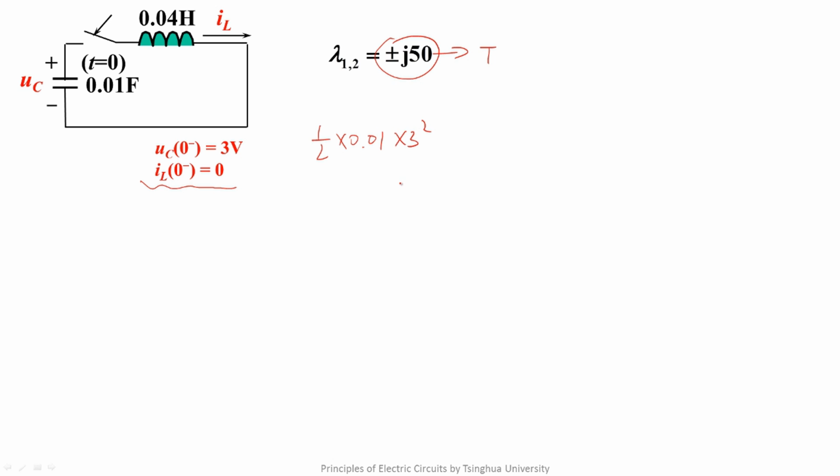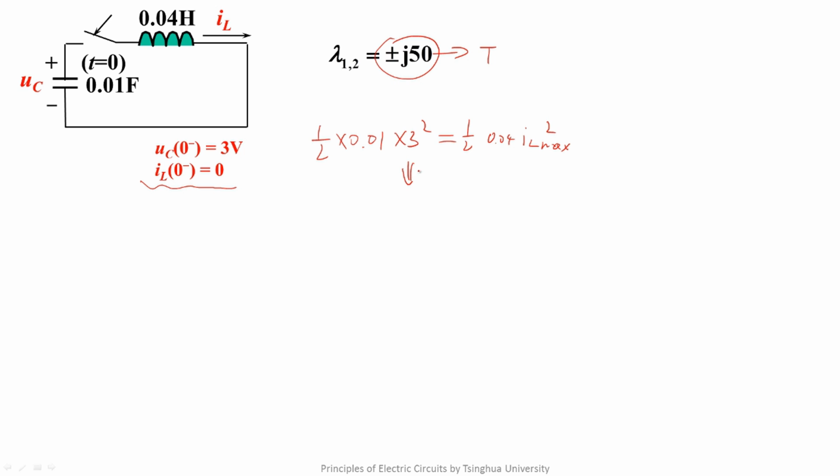And we have introduced in lecture 55 that the inductor current is at its maximum value when the capacitor voltage is 0, and vice versa. So we know the energy when the inductor current is at its maximum value is the same as the energy at first. So we get 1 over 2 times 0.04 times iL max squared.